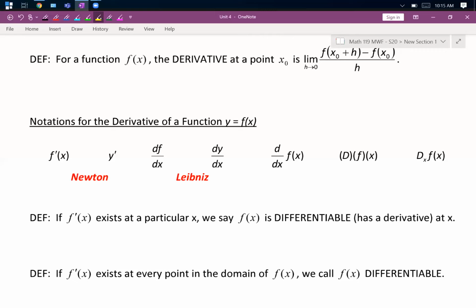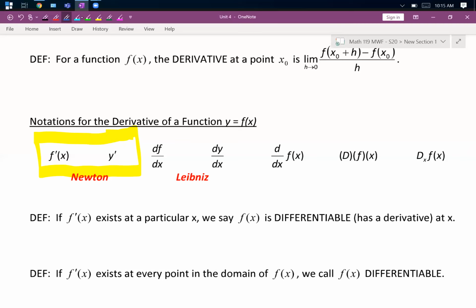Since they were each doing their own mathematical work, they each came up with their own notation. So we have two pretty different notations. Newton's notation uses this little tick mark, we call it a prime. So we would say f prime of x or y prime. And that just means the derivative.